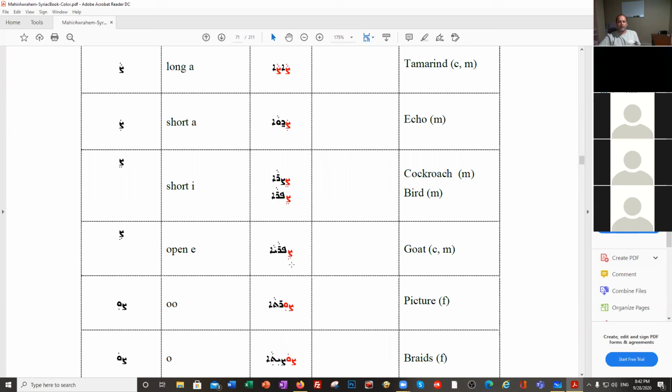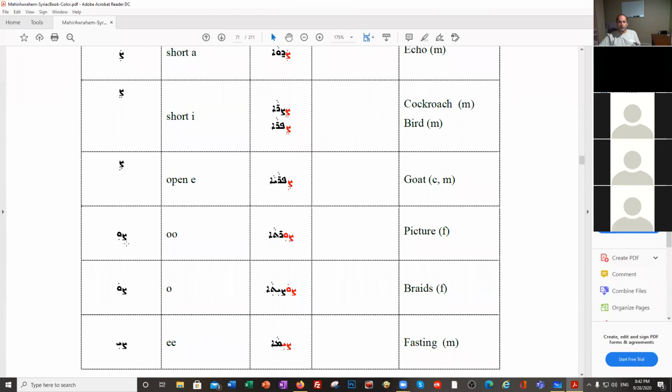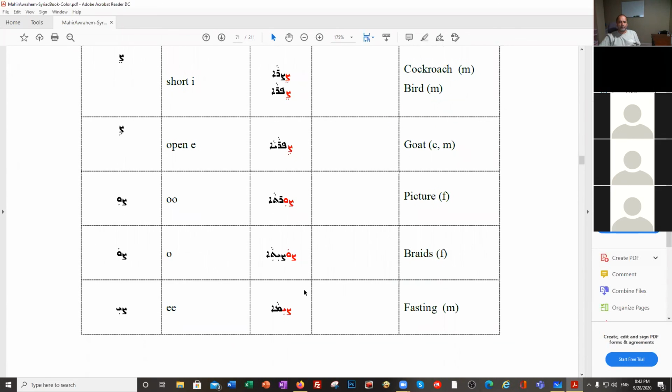Se: sepraya. Those are the wild ones. Su: surta. So: sositha. And finally, si: sima.